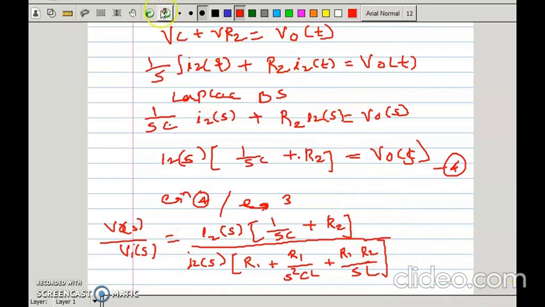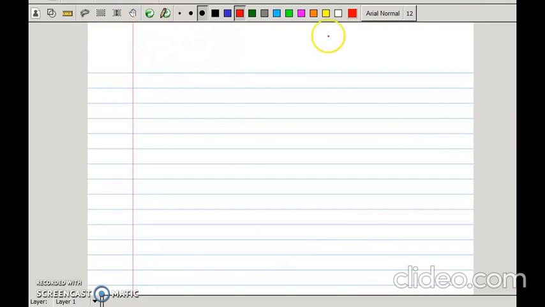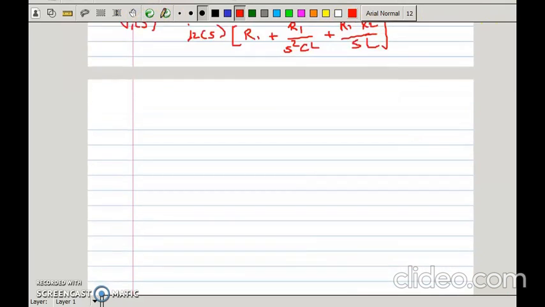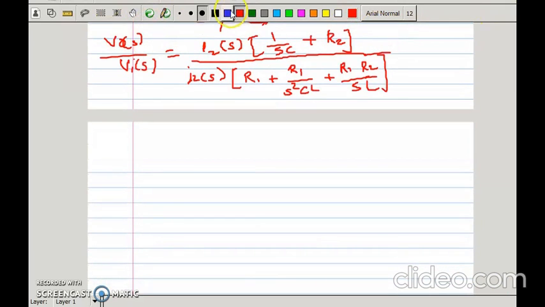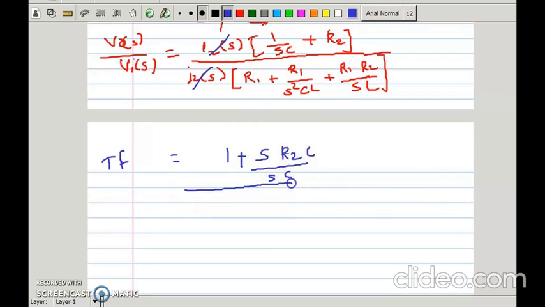Let's take a new page. Okay, now see, this I2 gets cancelled. What is the remaining? So this is called the transfer function, right? Let's cross multiply here. So it will become 1 plus S R2 C divided by SC, whole divided by, again let's cross multiply this.